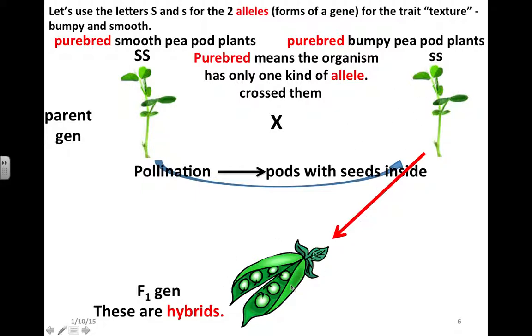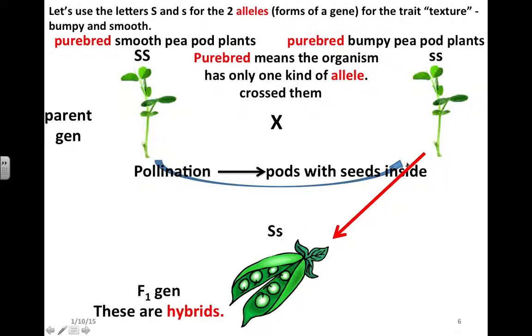So these guys that came as a result of the union of these two, we know that they have a big S allele in them and a little s allele in them, but yet they look all smooth. Okay? But because they've got a big S in them and a little s in them, they're called hybrids. There's the big S that it got from daddy.